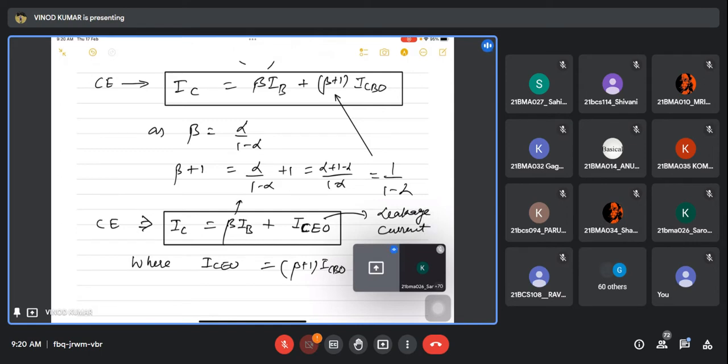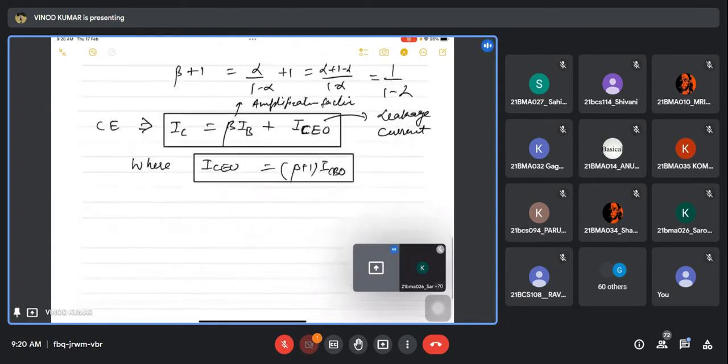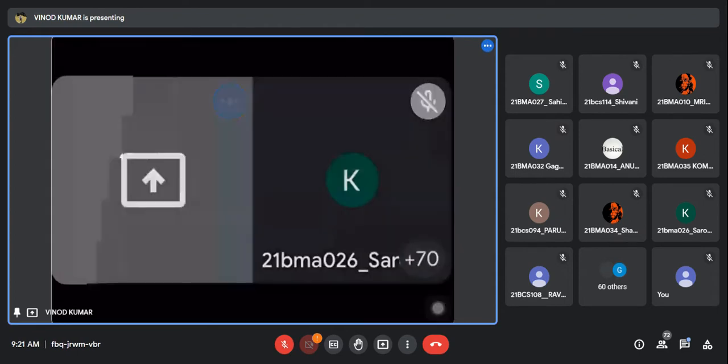And this is the amplification factor. Okay, so that is quite simple to understand now, these two relationships. So this is a relationship between CB and CE.